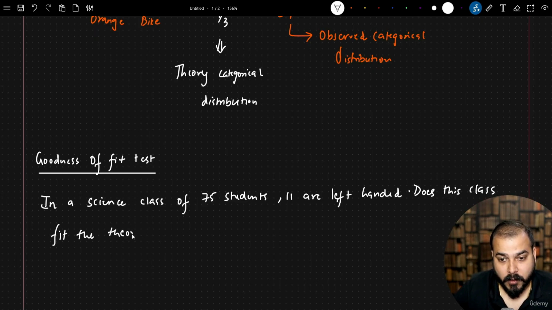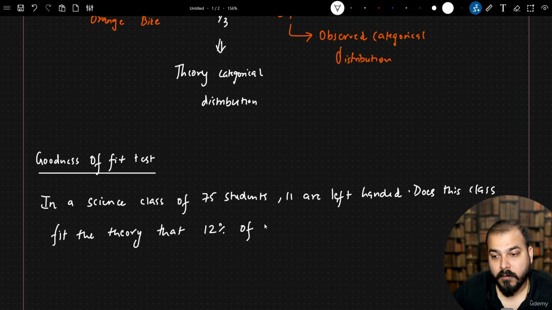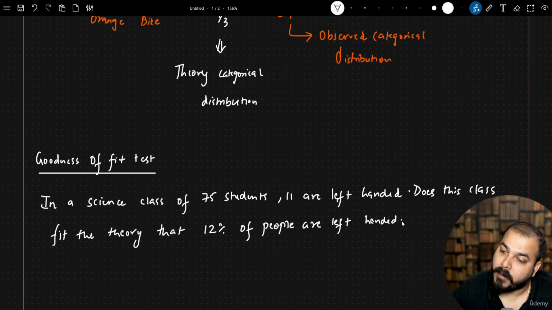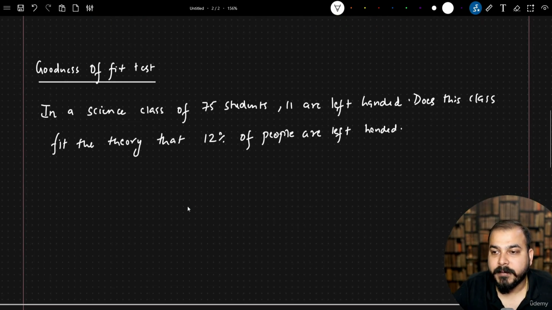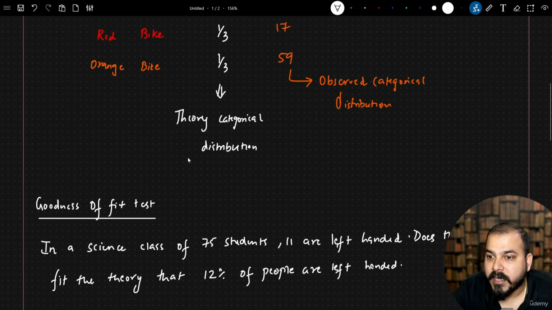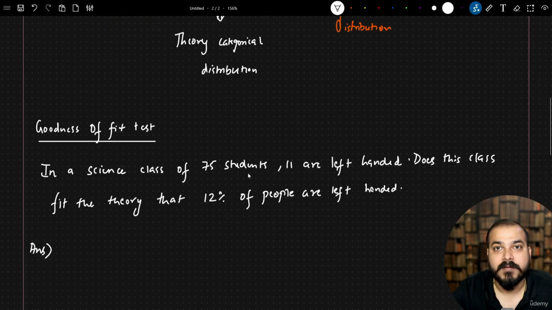This is how the question will be asked: does the class fit the theory that 12% of the people are left-handed? So we have a theory about the population saying that 12% of people are left-handed. How do we go about calculating the theoretical categorical distribution and the observed categorical distribution?